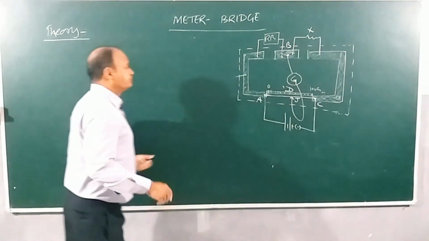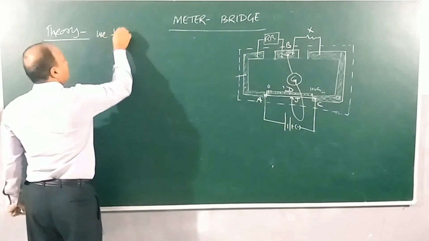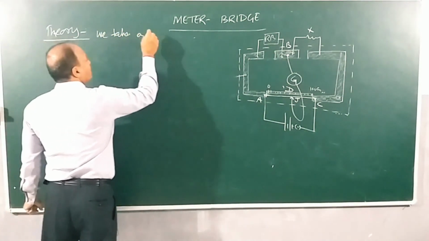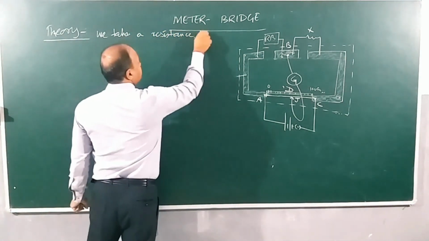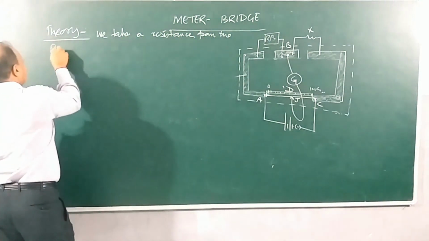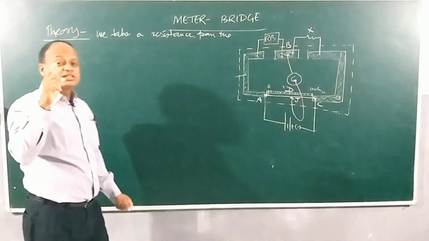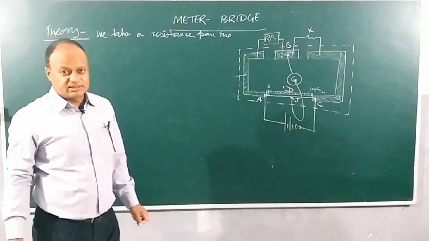So what will you do? Theory. We take a resistance from the resistance box. Now this resistance which I am taking from the resistance box is actually the known resistance, right?